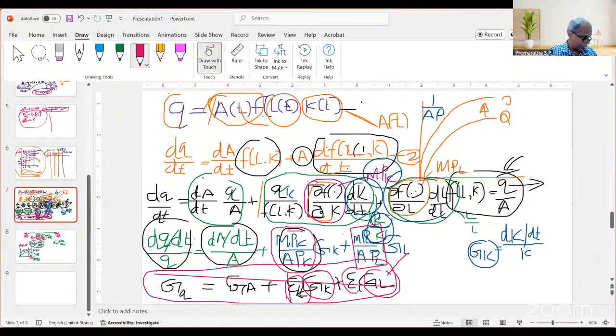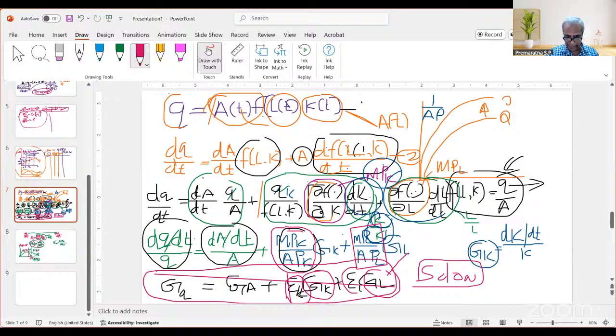Now, what happened really, in macroeconomics, you have done the Solow growth model.